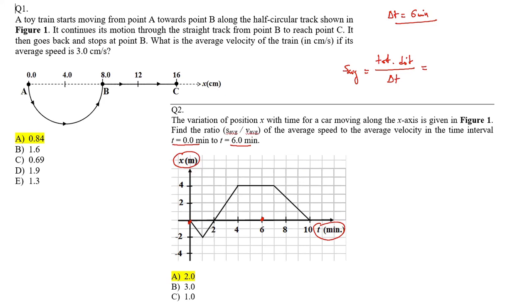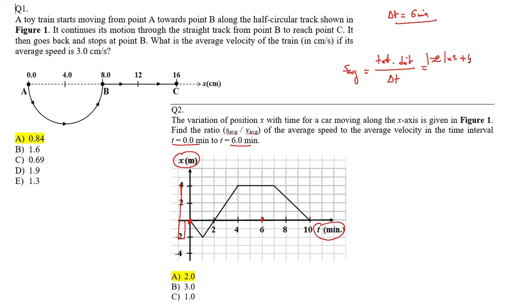So the total distance here, I start from 0. I go to minus 2, and then I come back to 0. I'm still in one dimension, okay? And then I go to 4. What is the total distance that I have covered? Absolute value of minus 2, so 2, plus 4.